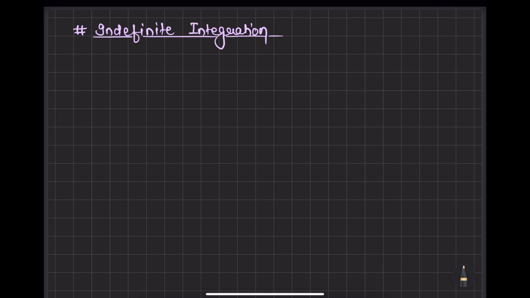So you may feel that this chapter may not be that important, and doesn't require that much attention and effort, but I would suggest you invest a good amount of interest into this chapter, because the ideas you will be studying over here, you will be using heavily in upcoming chapters, like definite integration, which is super important, differential equations, super important again, and area under curve, super important again.